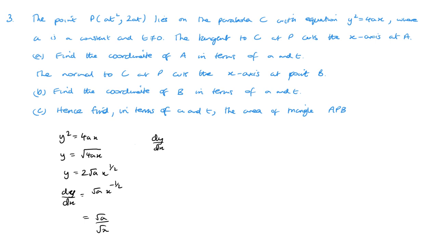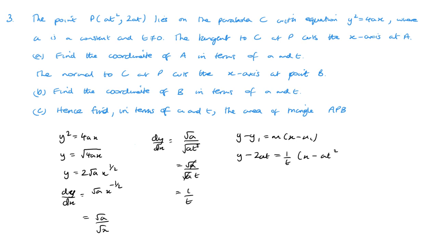So dy by dx is root a over root of at squared. That's root a over root a t, and so that's 1 over t. Now substitute that into y minus y1 equals m(x minus x1). We get y minus 2at equals 1 over t times (x minus at squared).